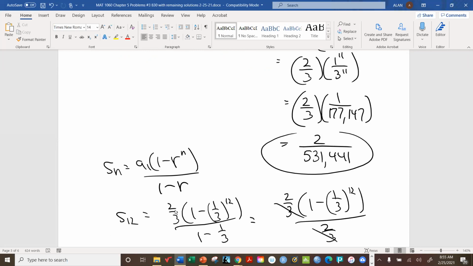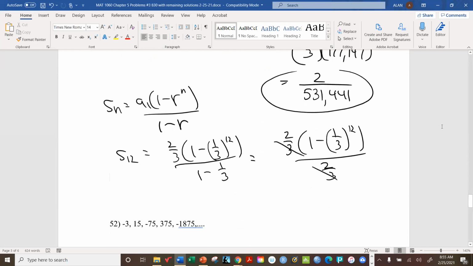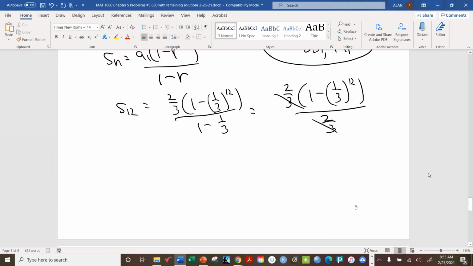Yes, they do. We always like it when things simplify themselves for us, don't we? So we're going to wind up with 1 minus 1/3 to the 12th power, which we can rewrite as 1 over 3 to the 12th. And 3 to the 12th power is 531,441.